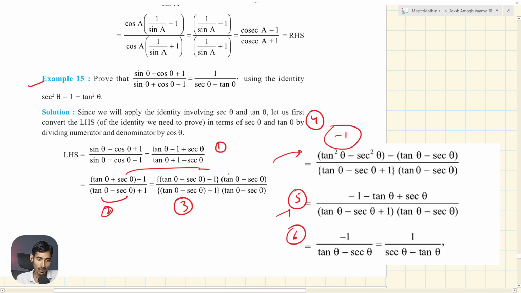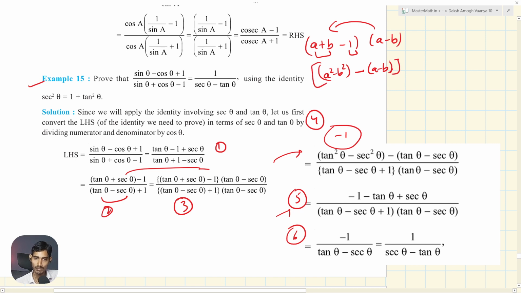So it is a plus b minus 1, and this is a minus b. So if you multiply this individually with this and with this, you will get a square minus b square minus a minus b. Is that correct? Daksh, is that okay? No.